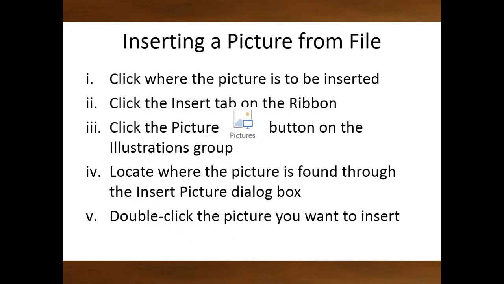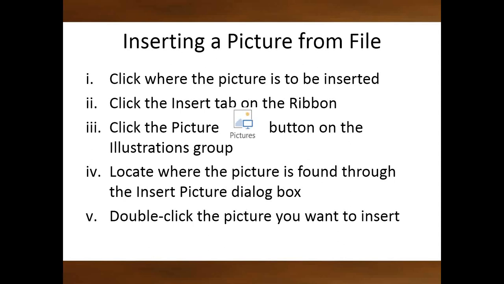Let us look at how we insert pictures into a document. The steps are given to us as follows. 1. Click where the picture is to be inserted. 2. Click the Insert tab on the ribbon. 3.